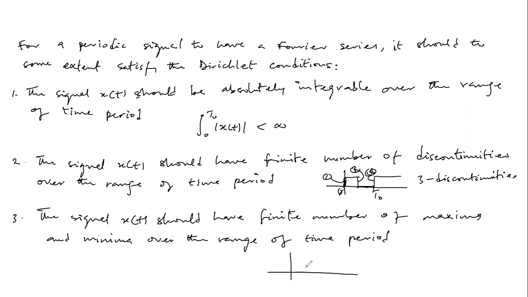For the same signal, this is T naught, this is 0, this is a maxima, that's 1 maxima, and this is a minima, so it has 1. So it's finite.